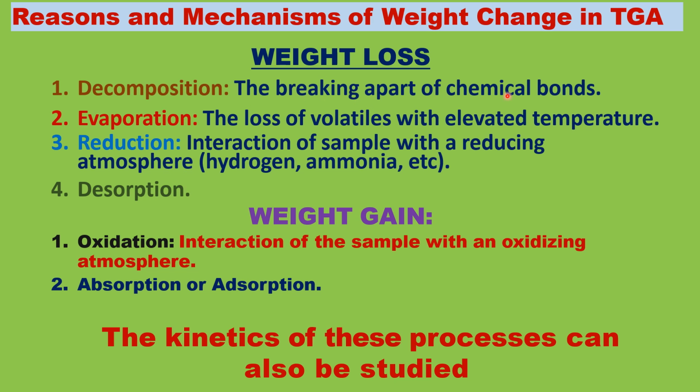Decomposition of the sample due to breaking of chemical bonds; evaporation, loss of volatiles, water molecules at elevated temperature or air adsorbed on it; reduction, interaction of the sample with a reducing atmosphere such as hydrogen or ammonia; and then desorption. Due to desorption, there will be weight loss. We have seen this in different types of TGA curves.